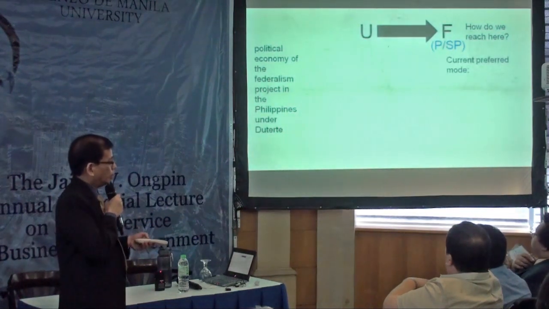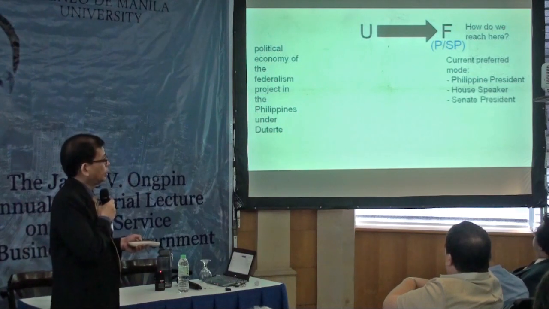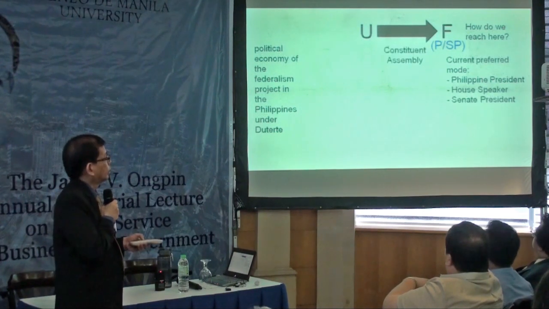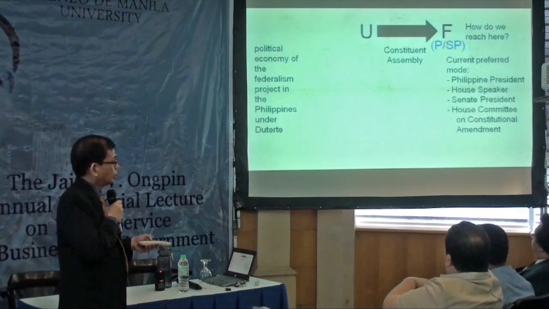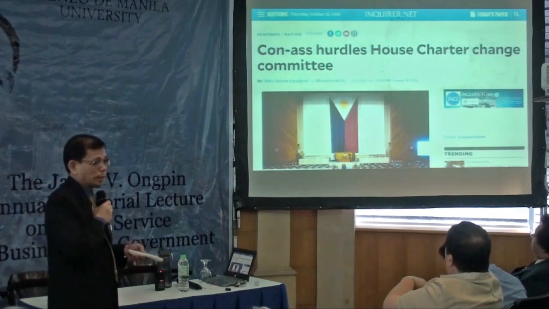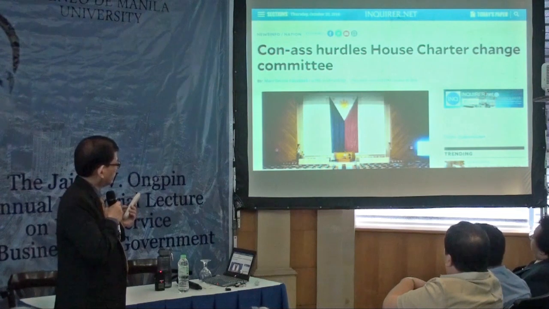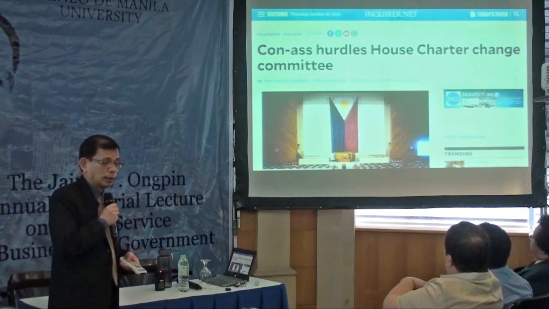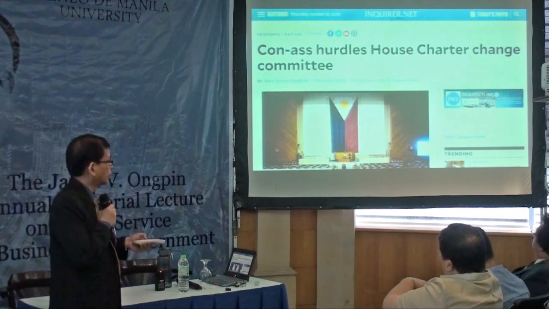The current preferred mode of the Philippine president, the House Speaker, and the Senate President is the Constituent Assembly. In fact, the House Committee on Constitutional Amendment, I think about 2 weeks ago, already passed the CONAS, a concurrent resolution calling for a Constituent Assembly.